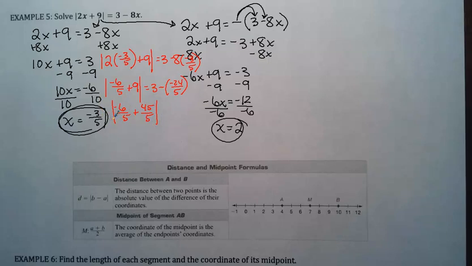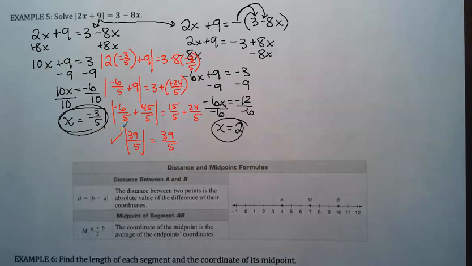Negative 6/5 plus 45/5 would be 39/5, or the absolute value of 39/5. Then here we could change these to add the opposite, so to plus. This would be 15/5 plus 24/5. 15 plus 24 would equal 39/5. Okay, so this one checks out. So we're going to keep that one.